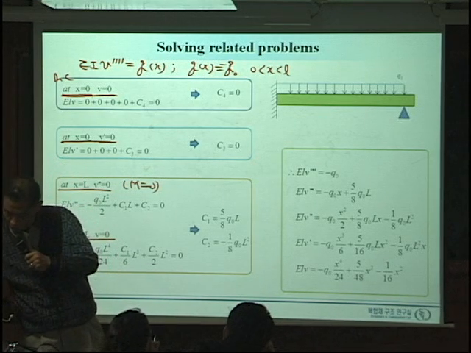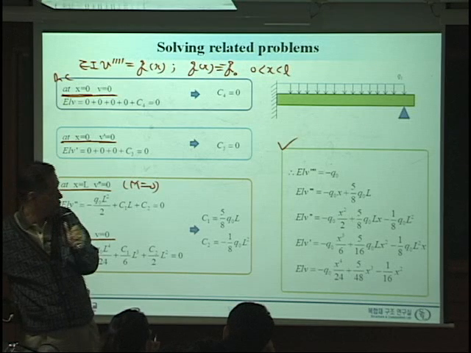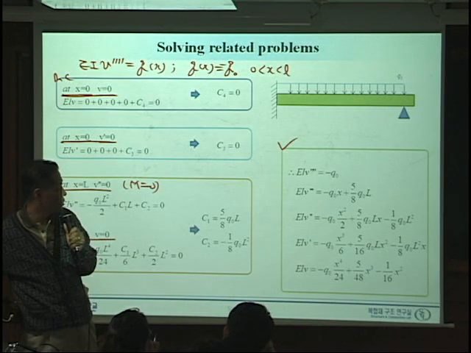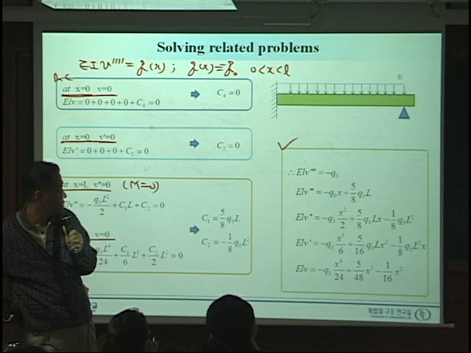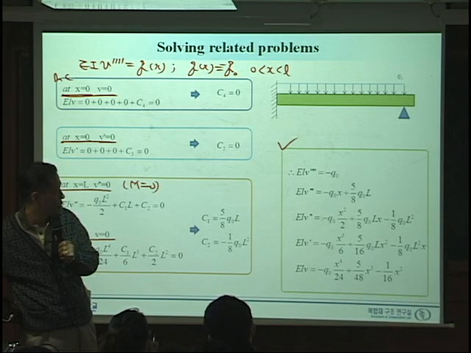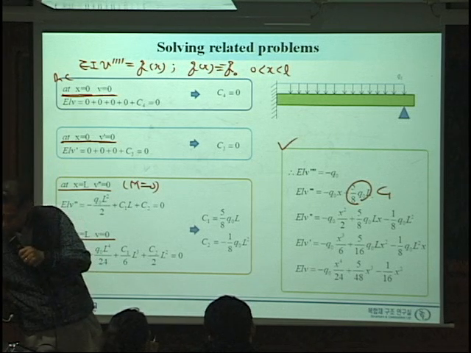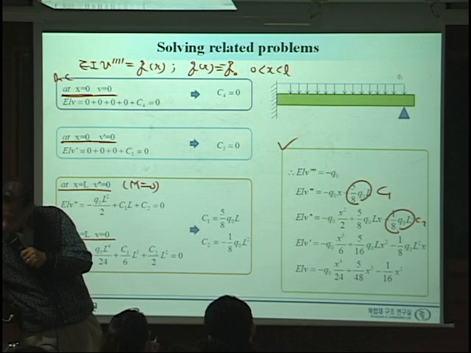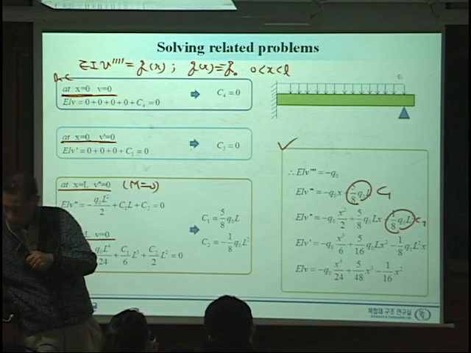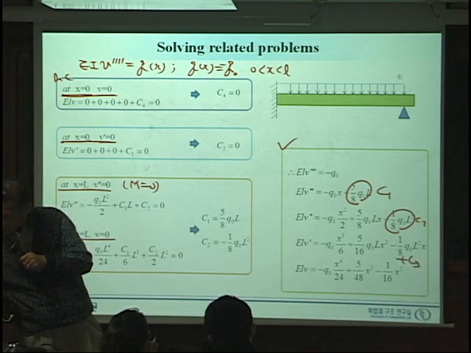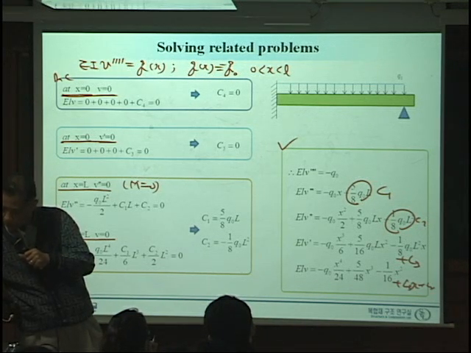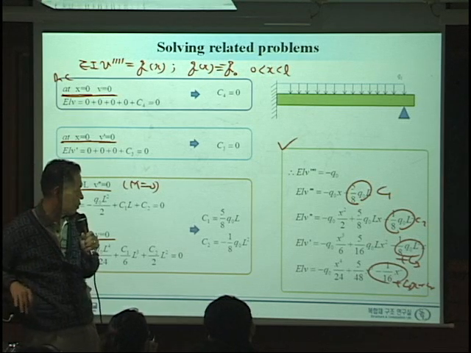Okay, here is the procedure. EI v double prime, triple prime, fourth derivative equals minus q0, and with integration there will be a C1, and there is the C2, a C3, and a C4, right?